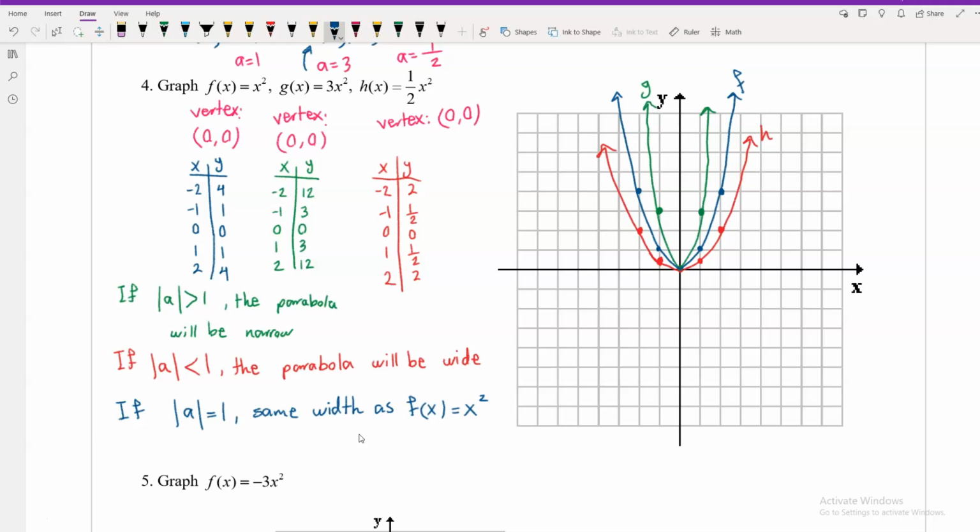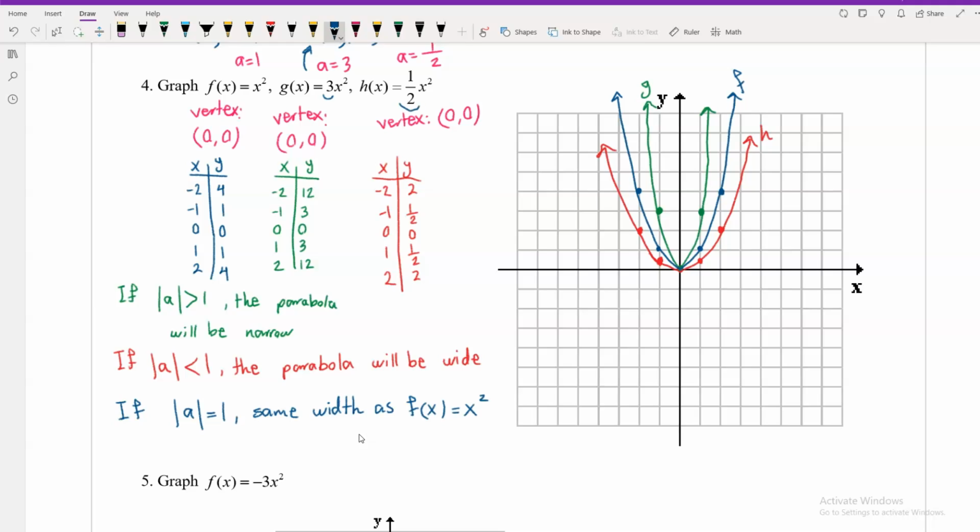So if the absolute value of a is greater than 1, this one is a, and the absolute value of 3 is 3, so 3 is greater than 1, and that is for what we have here for g. And g is narrow compared to all other graphs. If the absolute value of a is less than 1, the parabola will be wide.